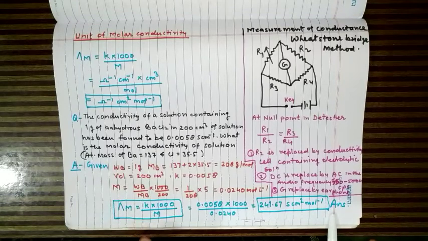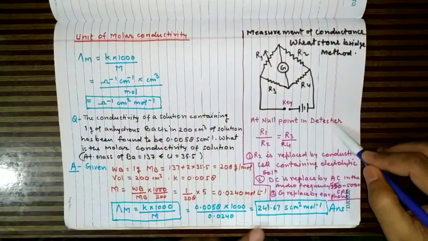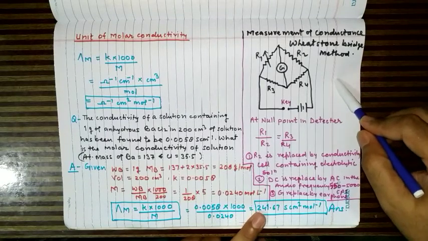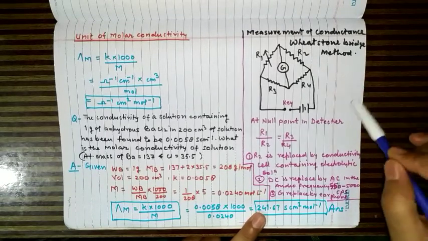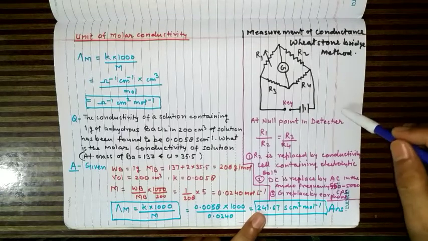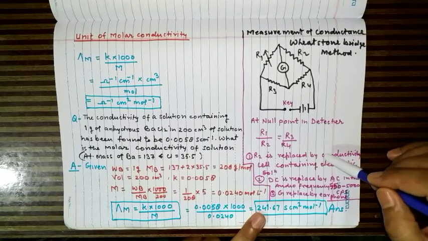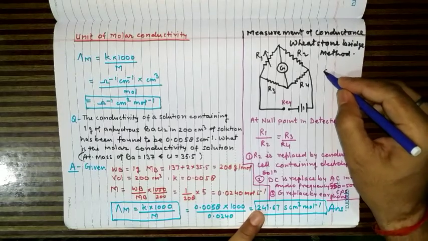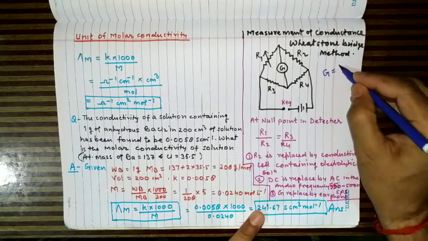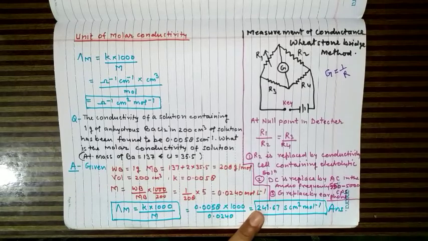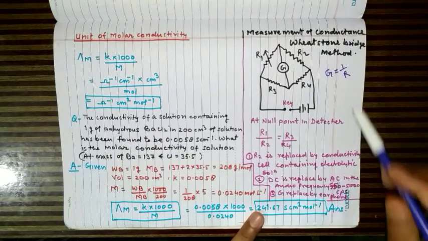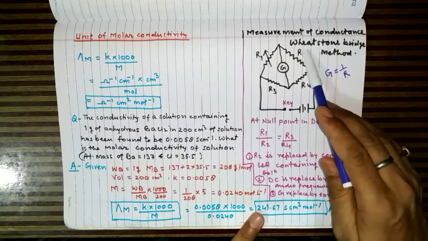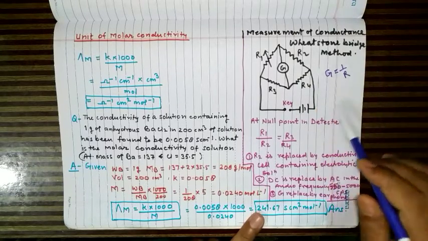This is the answer. Now the topic is how to measure the conductance of any electrolytic solution. As we know, the conductance of any conductor can be obtained if we can measure the resistance of the conductor, because the conductance G is the reciprocal of resistance. The resistance of any conductor is measured by a simple bridge method, that is called the Wheatstone bridge method.